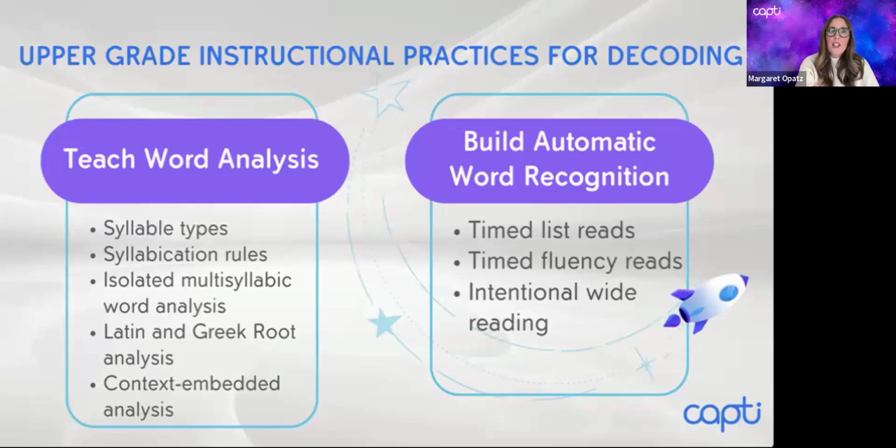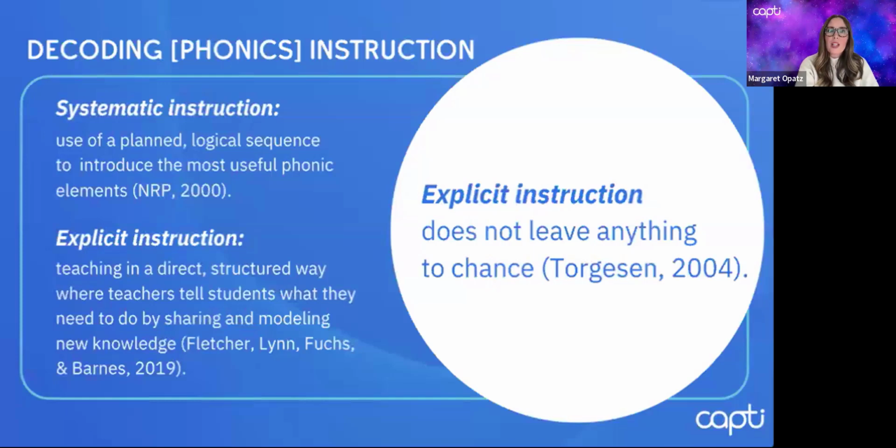As far as the instruction goes for adolescent readers, we're still going to really focus on decoding instruction that is systematic and explicit. So when we say systematic, that means that it's following a planned or logical sequence.